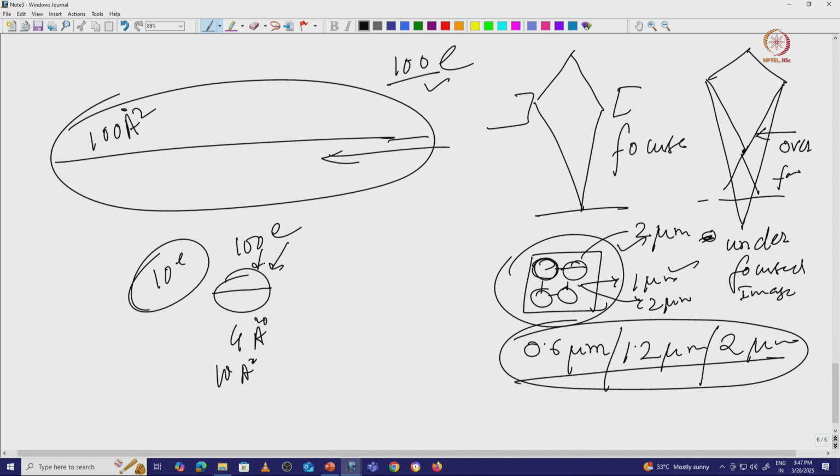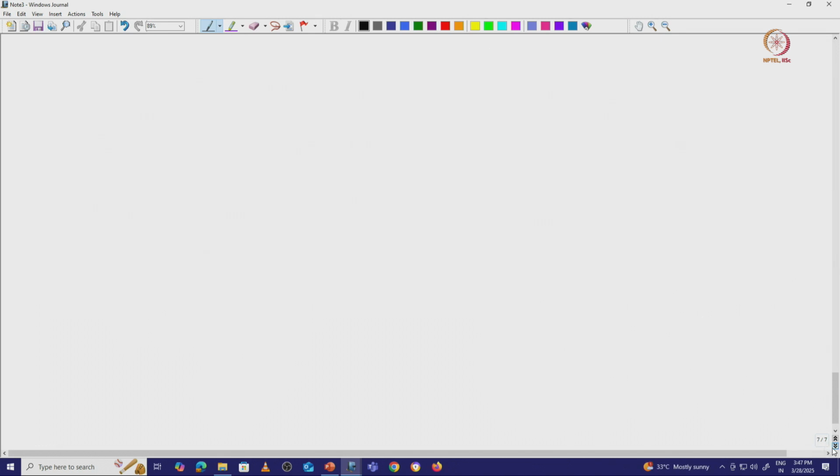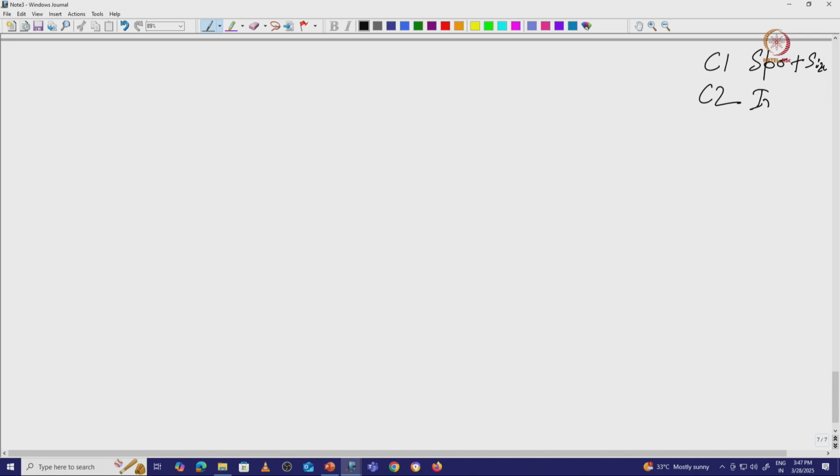So somehow we have to control this amount of electrons, how much electron is going through our sample. How are we going to control that? That control we can do using our C1 lens and C2 lens. I am just repeating the same thing: the C1 lens is connected with your spot size and C2 is your intensity.